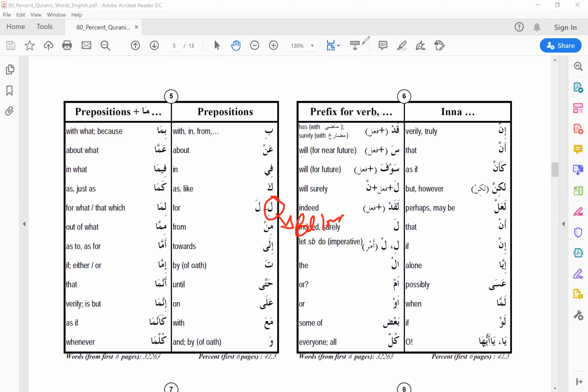Min. All right. Now the other preposition is basically min. Min is from. So we would say, I came min America. I came from America. And ila would mean towards, and then we'll go into differences of opinions between scholars on whether that particular item is included or not.